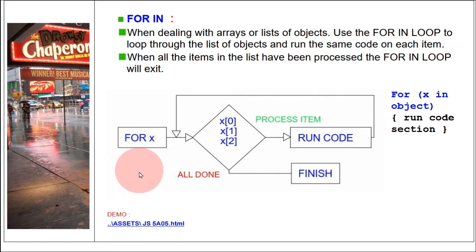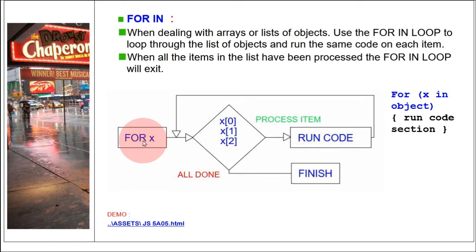So we start off with, say, an array with a list of cars, and we have three cars in this array, and what we want to do is for each car run some code. The way we do this is, before we run this loop, we'll populate our array with the list of cars, and then we'll run this for loop.